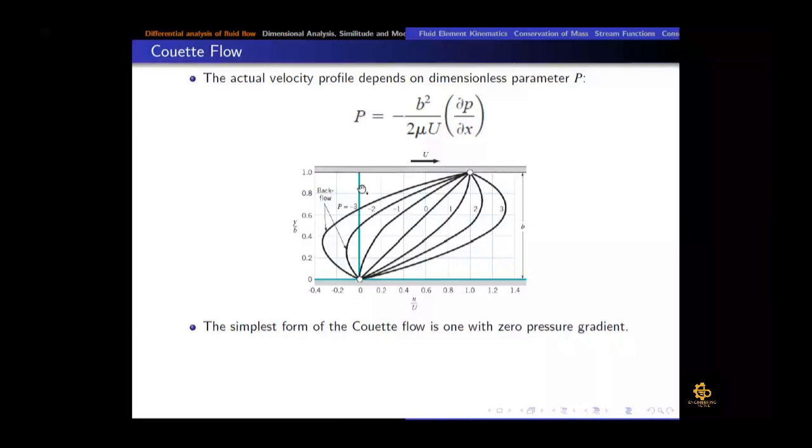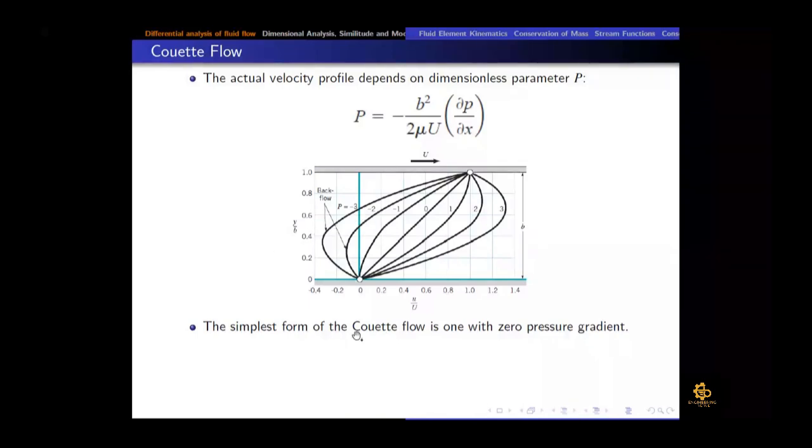And here, when p is equal to -3, or -2 for that sake, you can see very interesting behavior of the velocity: the velocity becomes a negative value in the middle, and then it goes towards the positive value of this plate, which is due to that plate. But in the middle, due to that pressure increase, we have got a kind of reverse flow, right?